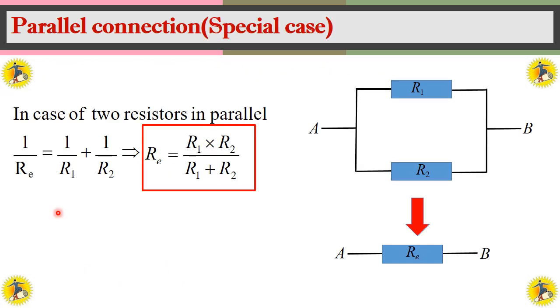Special case of connecting: if we have two resistances connected in parallel, R1 and R2, we can use the formula Re equals R1 times R2 over R1 plus R2.